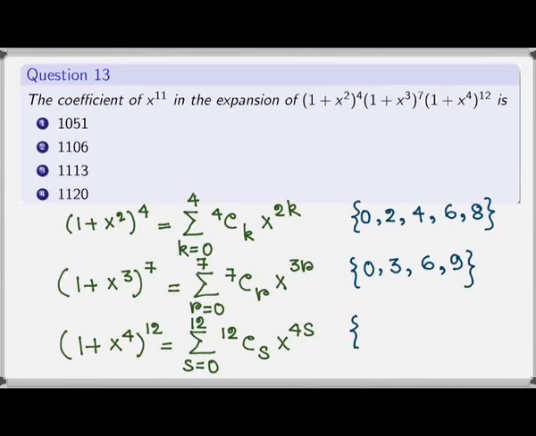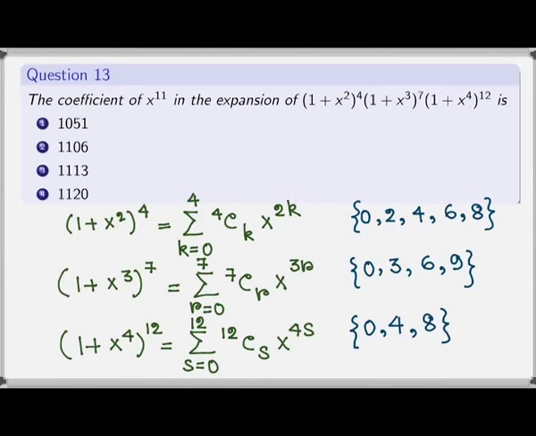And in the last one the possible choices for the exponents are 0, 4, 8 and then the next one is 12. So that cannot be a possible choice. So here we consider 0, 4 and 8.